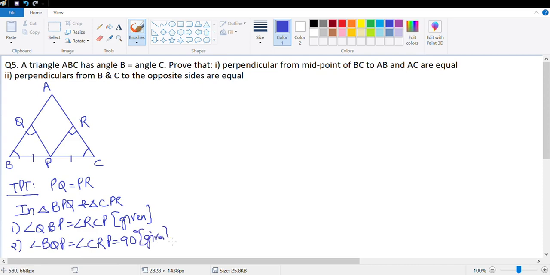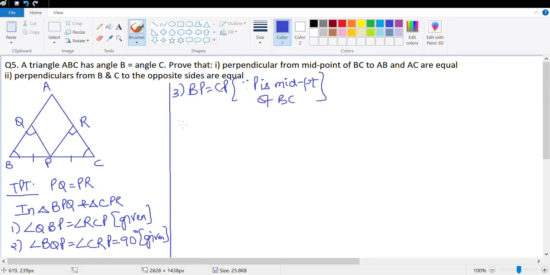So we've talked about two angles, and the third one is a side. So this is BP is equal to CP. The reason for this is since P is midpoint of BC. Therefore, triangle BQP is congruent to triangle CRP by angle, angle, side test.